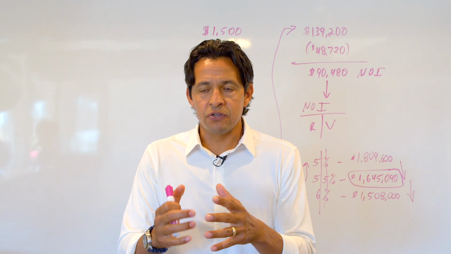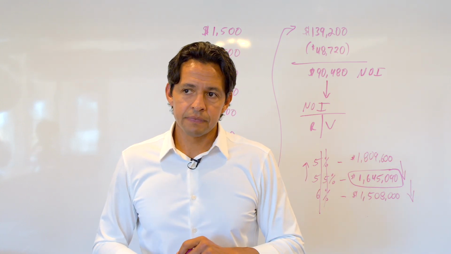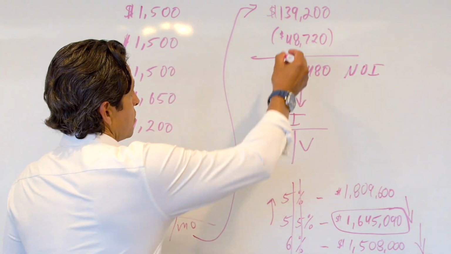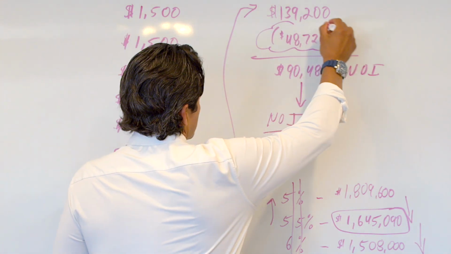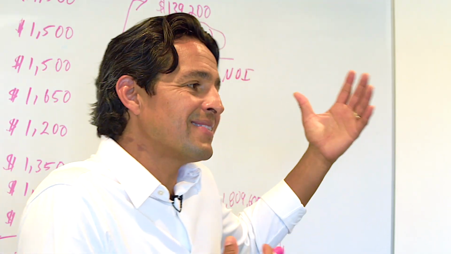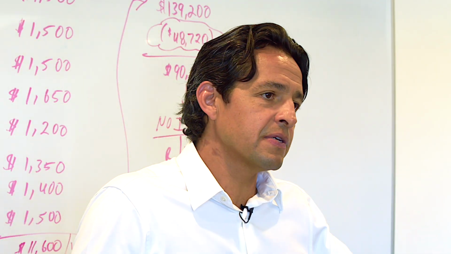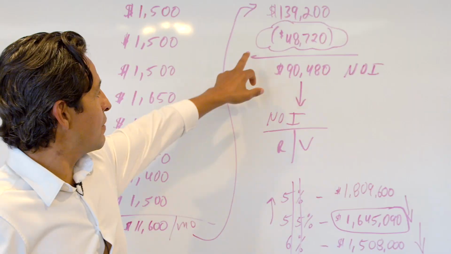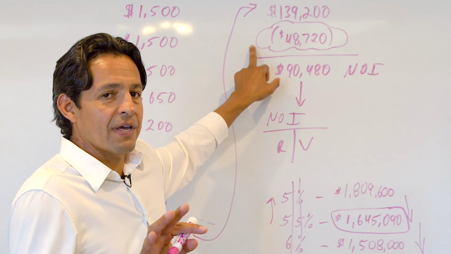There are a few limitations. So here's the first one. The first limitation is the operational expense. In the prior example, I told you that I estimated it to be 35%. Sometimes a seller will sell a property and they may not necessarily want to show you all their expenses, right?